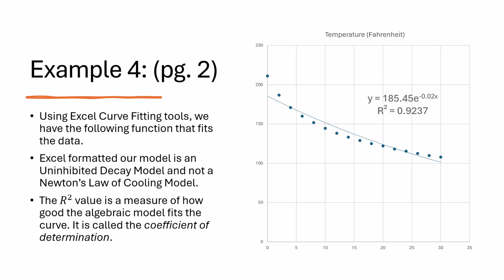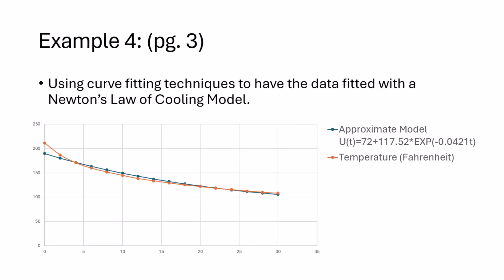But Excel used the uninhibited decay model and not the Newton's law of cooling model, so we have to make a change here. Using curve fitting techniques, we can fit the data with a Newton's law of cooling model instead, and here I use the fact that 72 was my temperature of the surroundings.